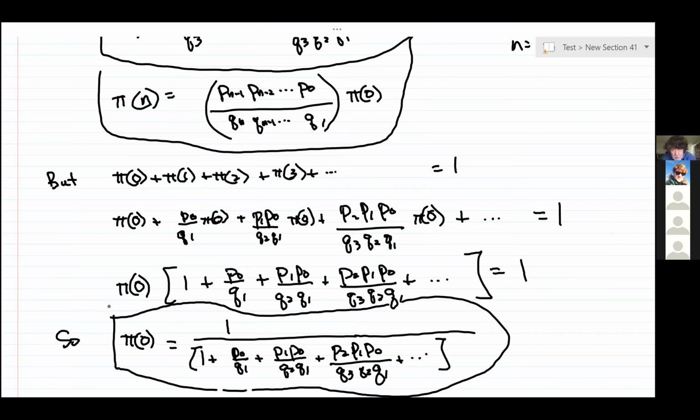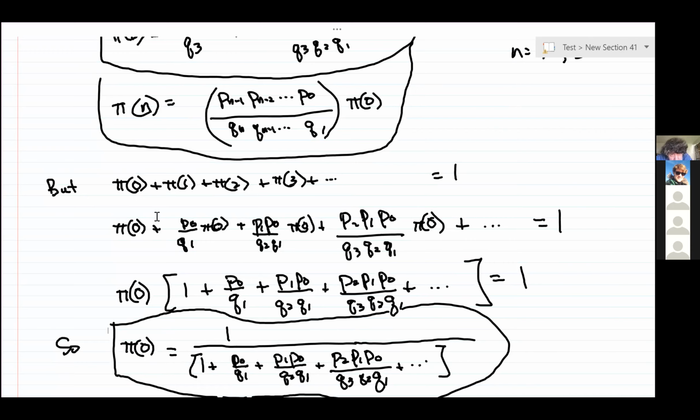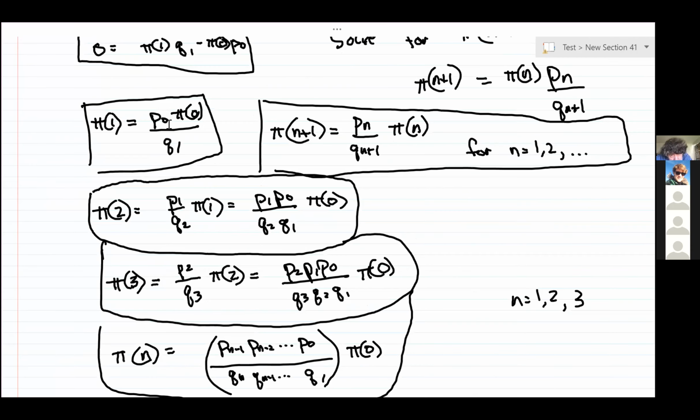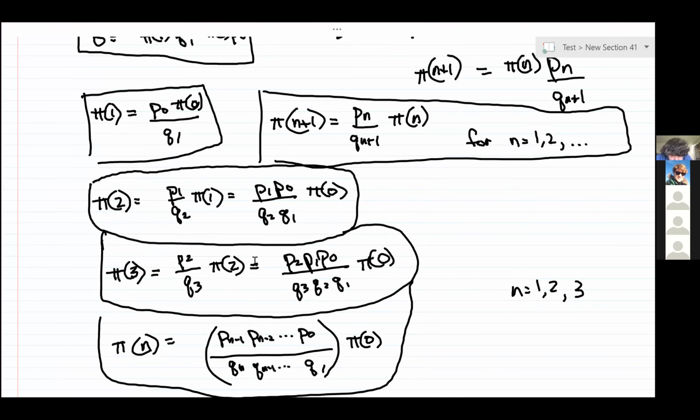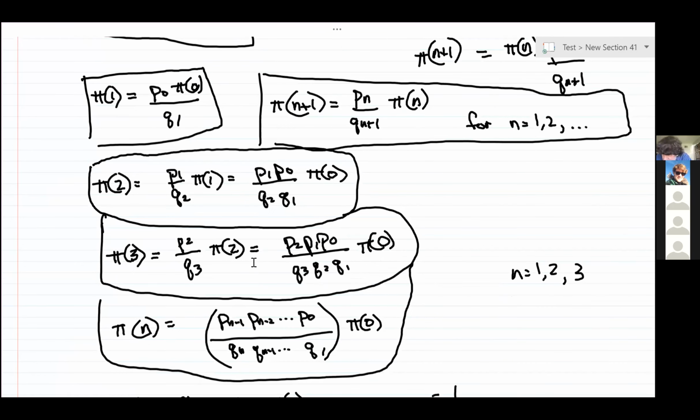We found pi 0. Not only did we find pi 0, we got everything else. Why? Because if you know pi 0, you just multiply pi 0 by P0 over Q1 and you get pi 1. So what would pi 1 be?